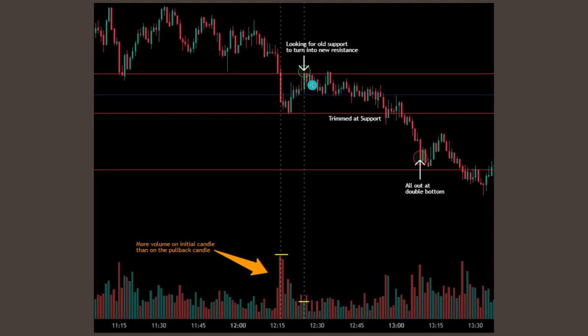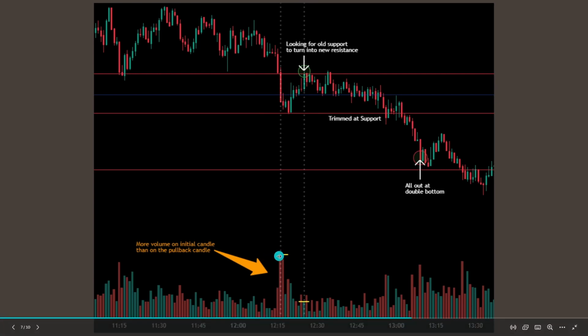Now, we broke through. I'm looking at volume. There is more volume on the initial candle, the candle that pushed us through that support level and made that move into this zone. We had more volume, marked by this yellow right here. This is the volume indicator.